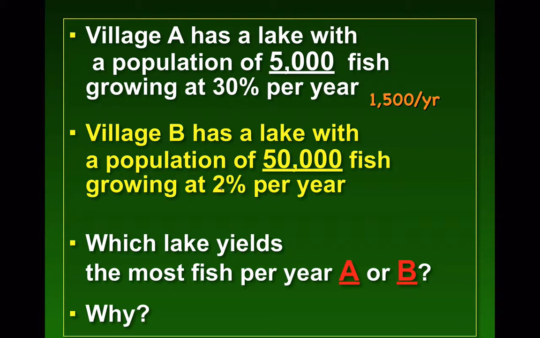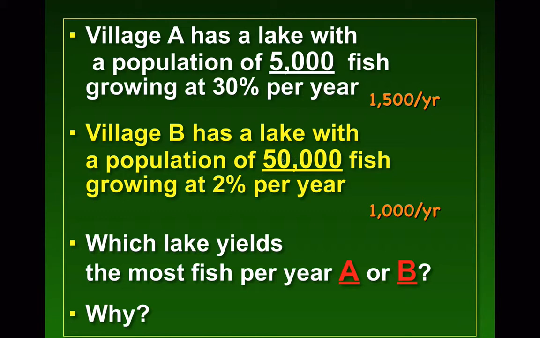Village B is growing at 2% per year. Now we want to find out what 1% would be. For 1%, we move the decimal over two places, 1, 2. So again, it's 500. And we multiply by 2 since it's 2%, not 1%. So that is 1,000 per year.